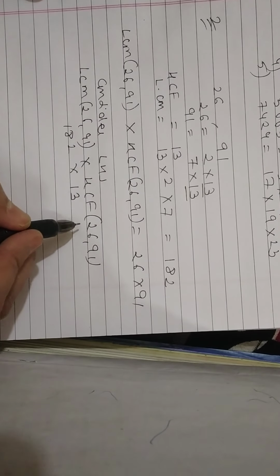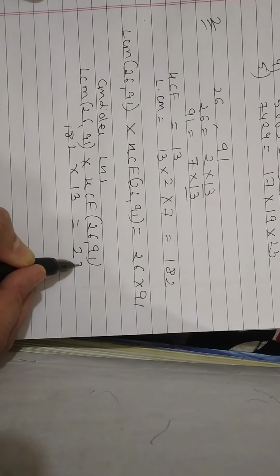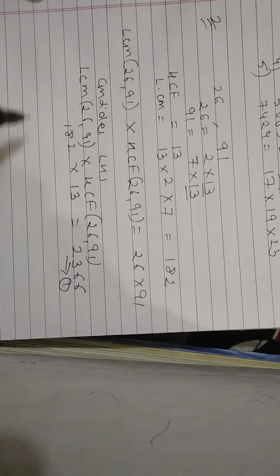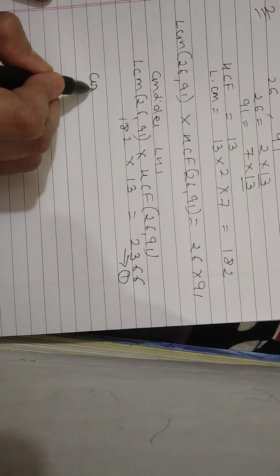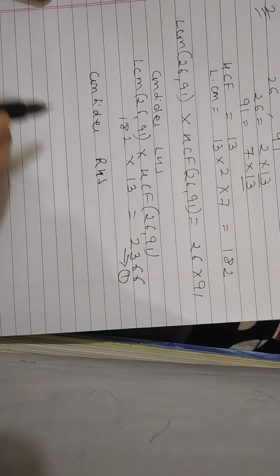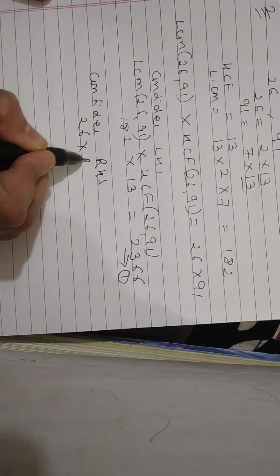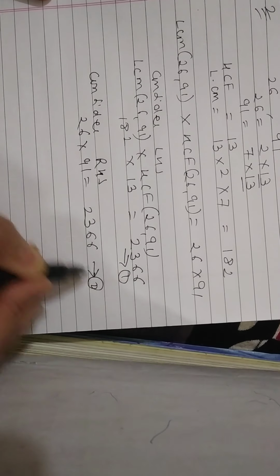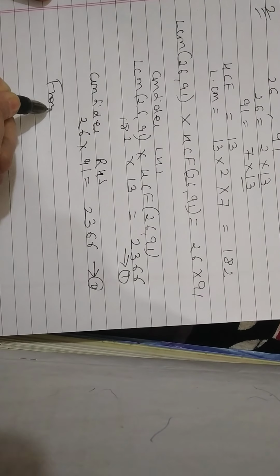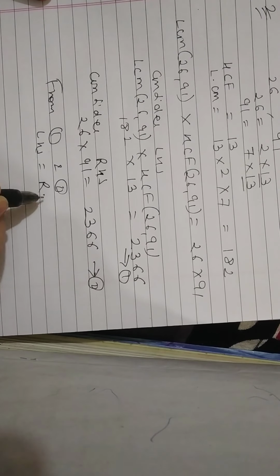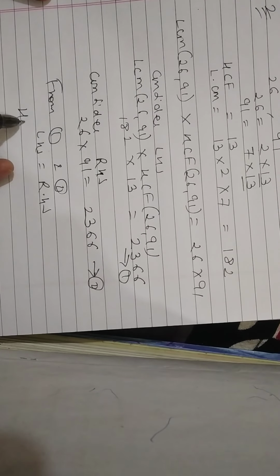If you multiply this, you will get 2366. Now, take this as equation 1. Consider RHS. What is RHS? 26 into 91. Same method. From 1 and 2, LHS is equal to RHS. Hence, it is verified.